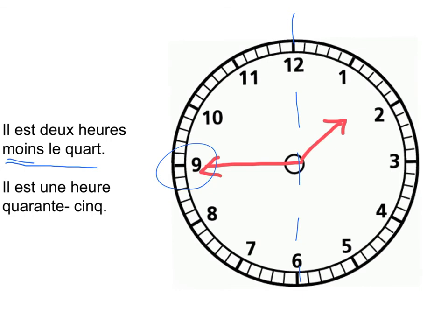So 2h moins le quart, 2 o'clock minus the quarter, that's 1:45. Okay, so in official time, in the 24-hour clock, we would say il est 1h45, 1:45. In spoken time, il est 2h moins le quart. Okay, moins le quart.